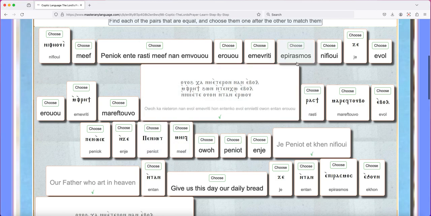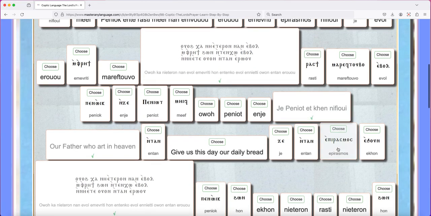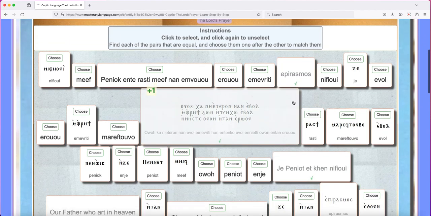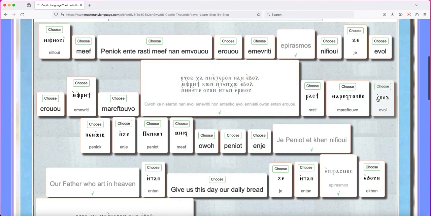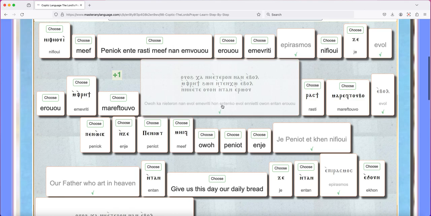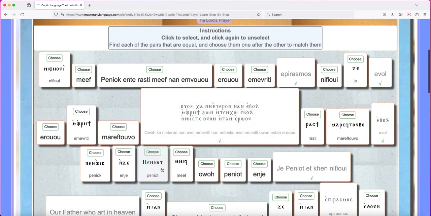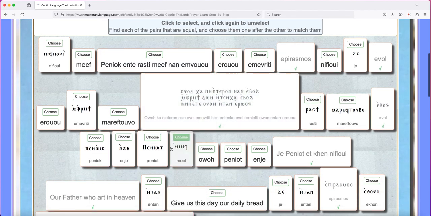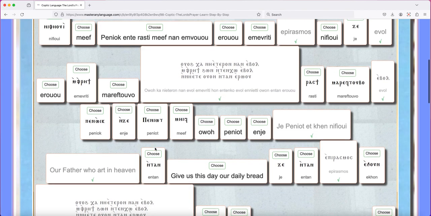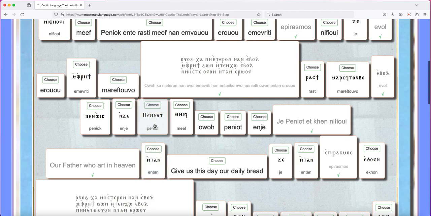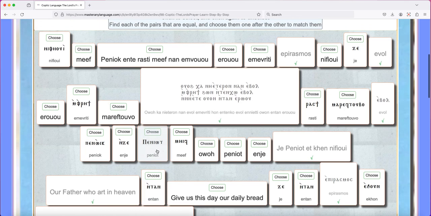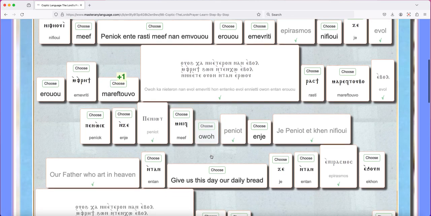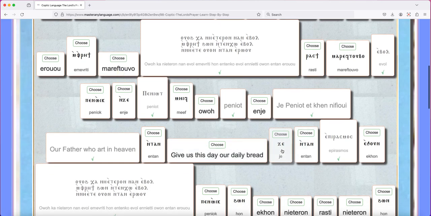Epirasmos jumped out at me somehow. I see that. Epirasmos. Evol, and you can do this practice all on your own. Everything I'm doing is unlimited time, just for practicing. Pinyoid.